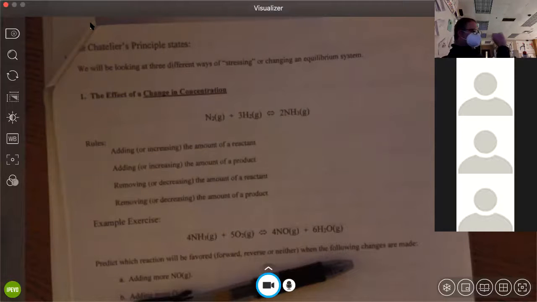But the Haber process is basically the ability of making ammonia out of hydrogen and nitrogen. The biggest component of this atmosphere that we have is nitrogen at over 70%. Nitrogen, as we know, is a huge thing that we need for crops to grow.